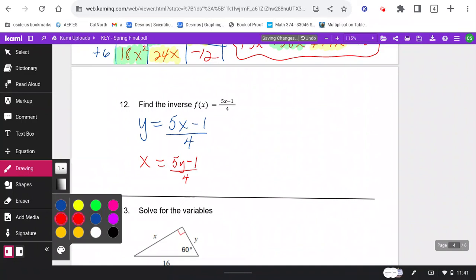Now that we switched x and y, this is the equation that we're going to be moving things around on in order to isolate the y. So we're going to start by moving. How do I get rid of a 4 that's dividing? You're going to multiply both sides by 4. Then we add 1.